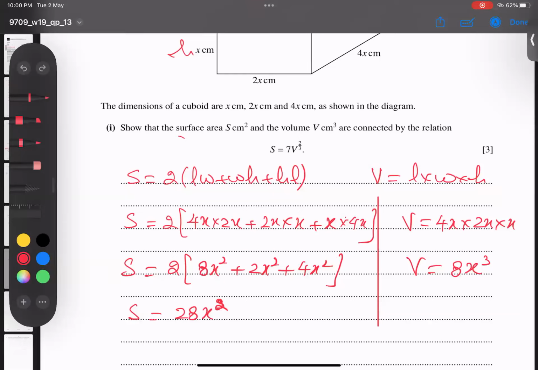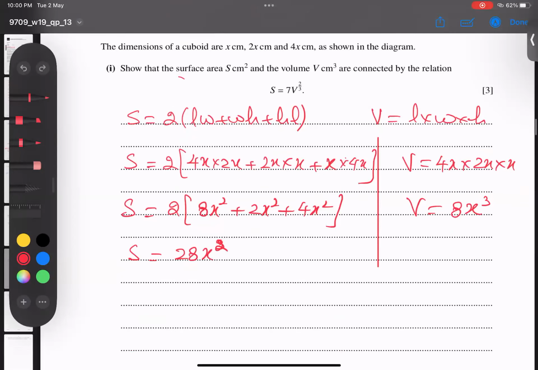Now, how to connect them and show this connection? Look here. Is V there? Yes. Is S there? Yes. But what is missing? X is not there. So you can make x the subject and replace. I have 2 options available. S is on the left side, so it is better to bring x from here and replace it.